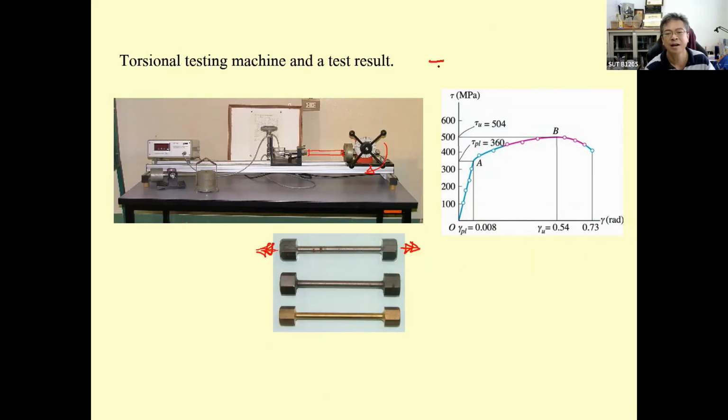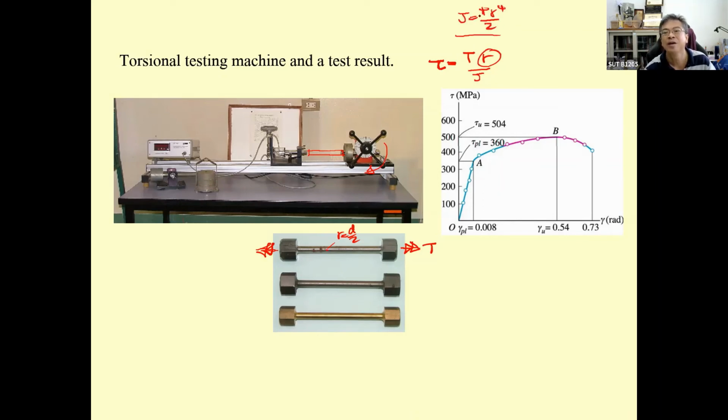And then the torsion T will produce the tau, and the tau will be T times R, where this has the diameter, so the radius is equal to the diameter over 2. You use the vernier, okay, so you know the R, and then it's going to divide by J, and the J is going to be pi R to the power 4 divided by 2.